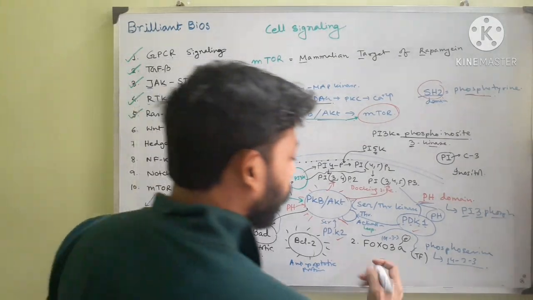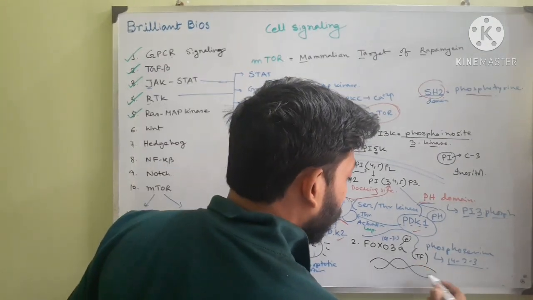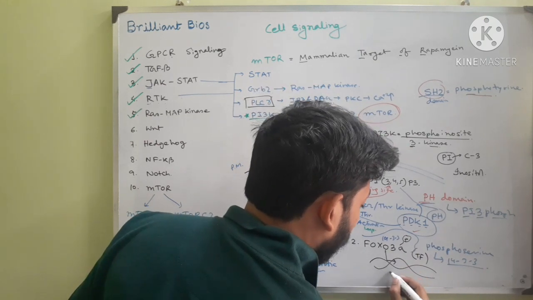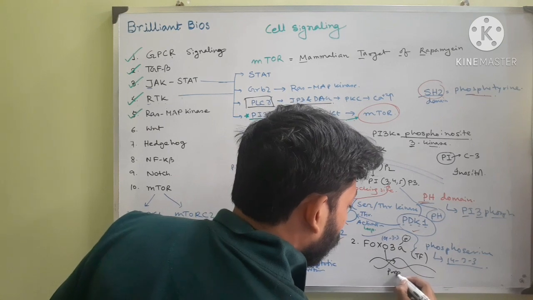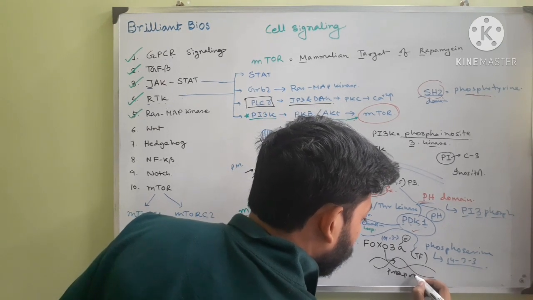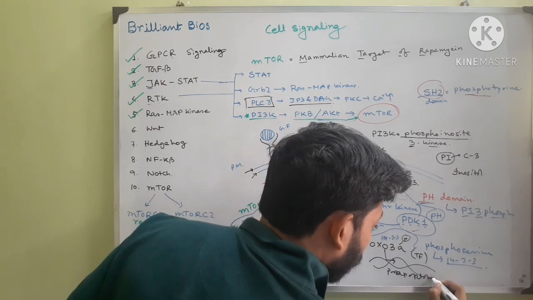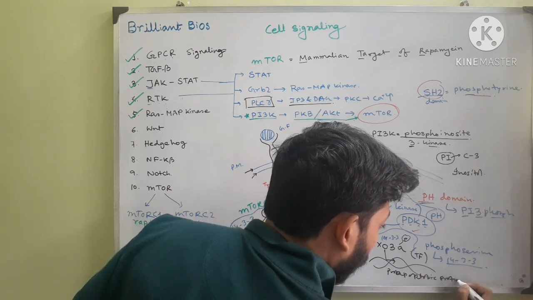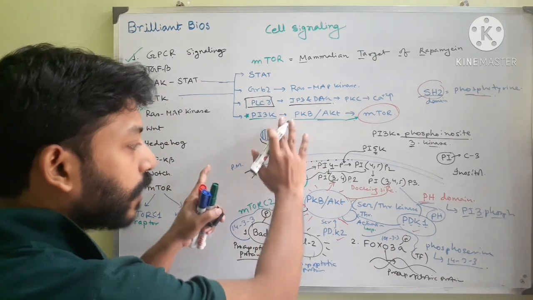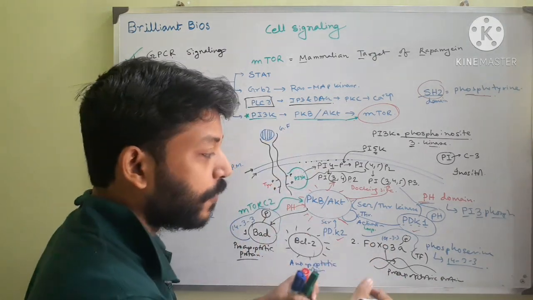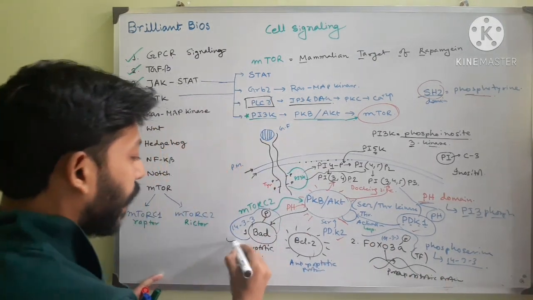Because FOXO3A binds with the DNA and promotes transcription of pro-apoptotic proteins. You have to understand this. FOXO3A is a transcription factor. When there is no growth factor, it helps in the transcription of pro-apoptotic proteins like BAD.